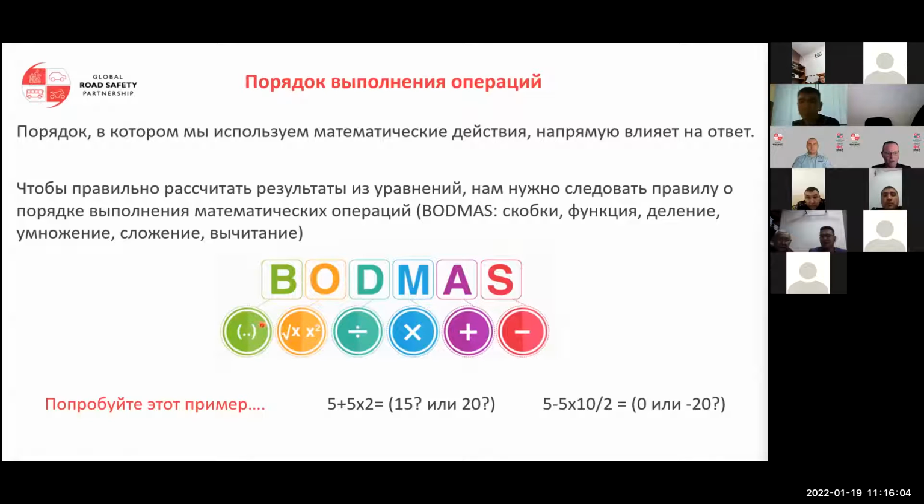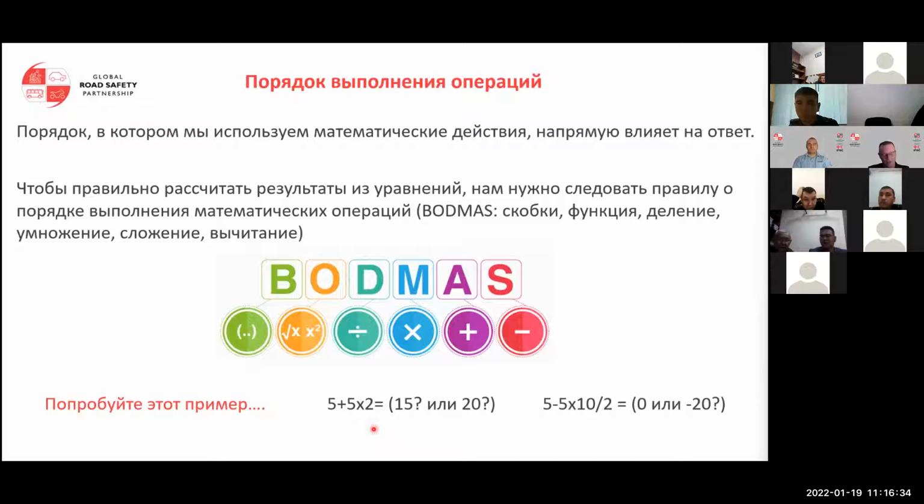So B for brackets, O for operation, so that can be the square root, it can be squaring an answer, cubing an answer. Then we do division, multiplication, addition, and subtraction. So we have to complete equations in this order. So we do the bracket part first, and we work our way through.